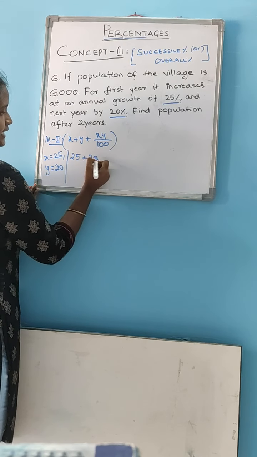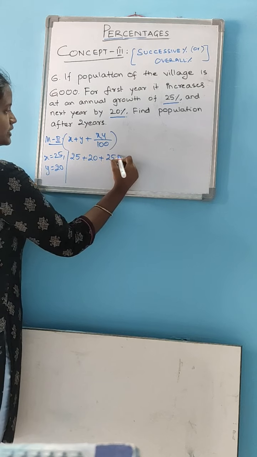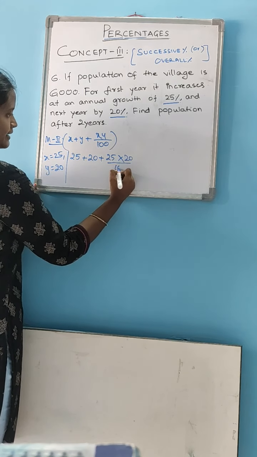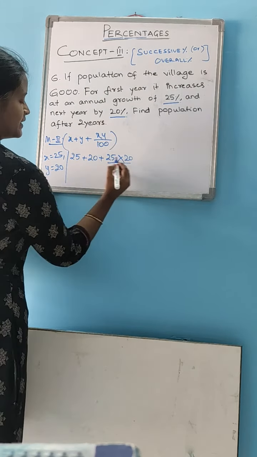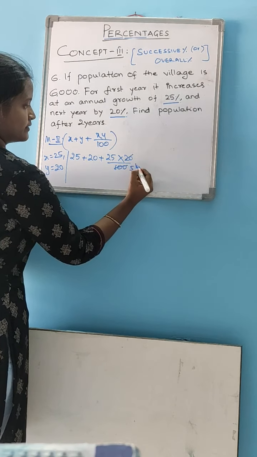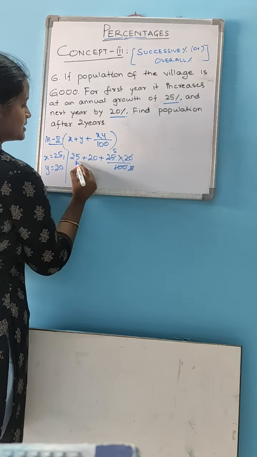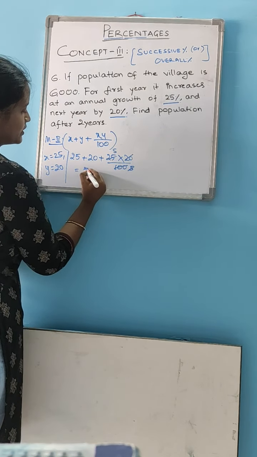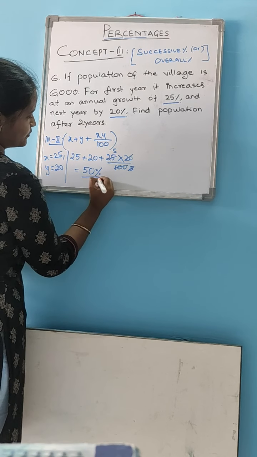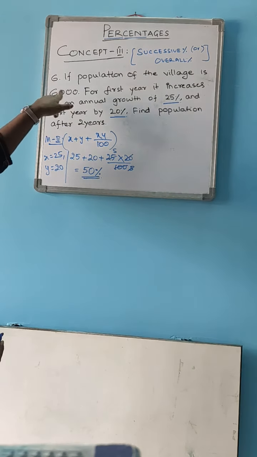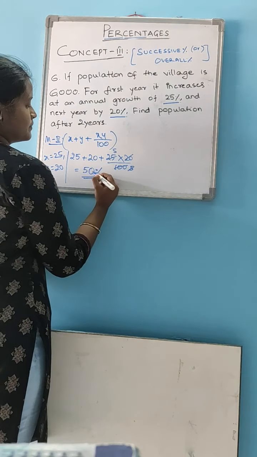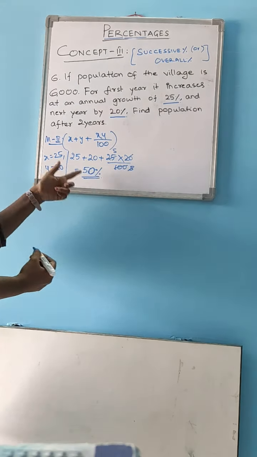25 plus 20 plus 25 into 20 by 100. Here you can cancel, it is 5. That means 45 plus 5, 50%. The overall increase is 50%. Initially 6,000 is the 100%. Now one more 50% is added.